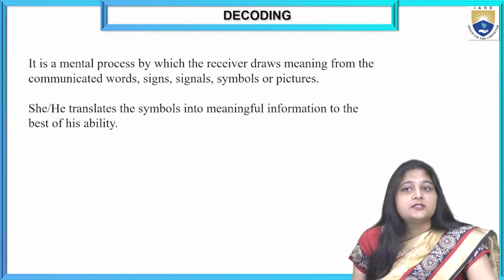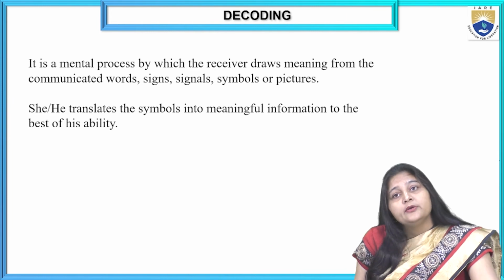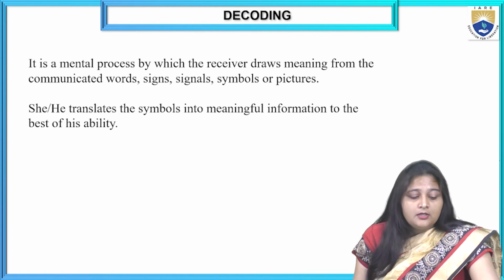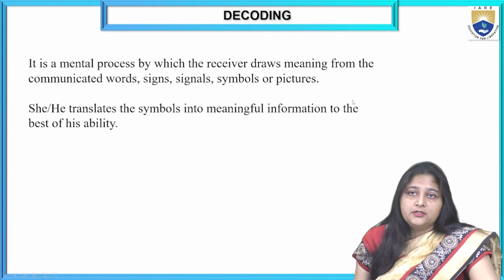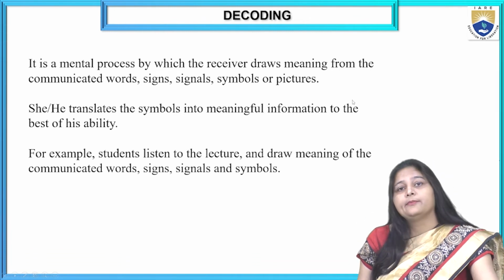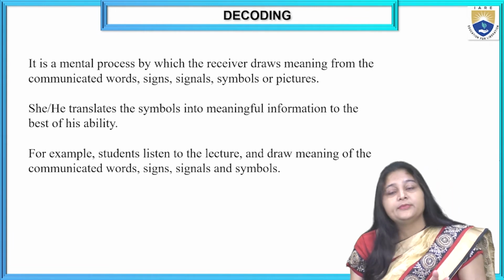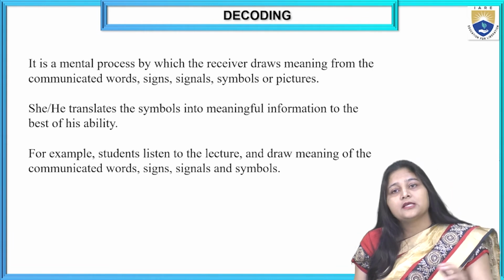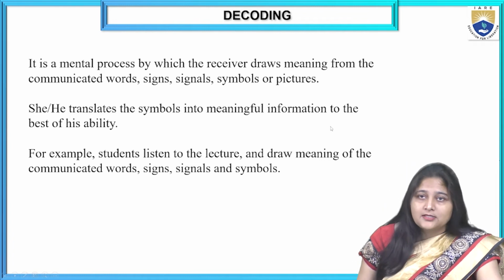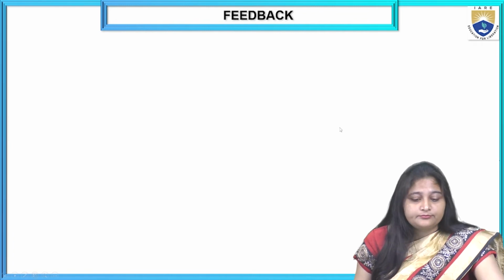He is translating the symbols into meaningful information to the best of his ability. Say for example, a student listens to the lecture and draws meaning of the communicated words, signs, signals, and symbols that are conveyed by the teacher.